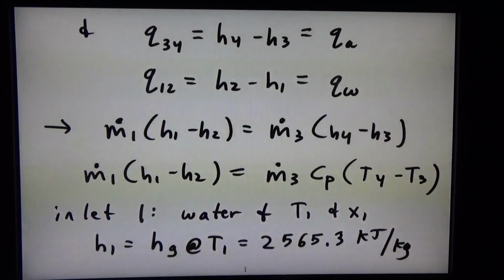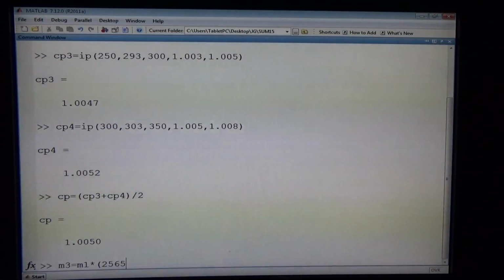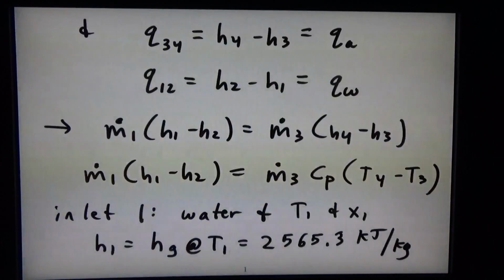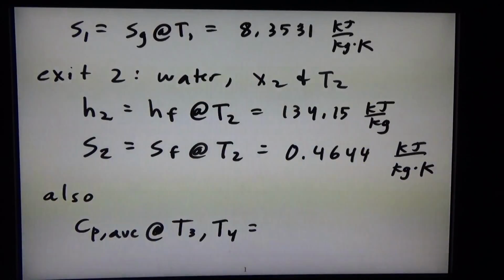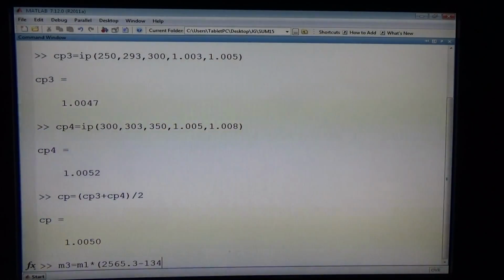H1 is 2565.3 minus H2 was 134.15, and we're dividing that by C sub P times T4, 303, minus T3, 293.